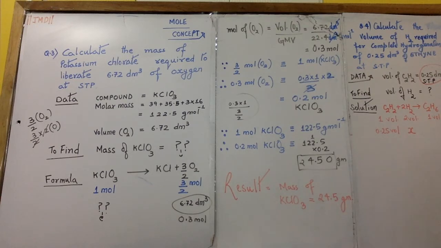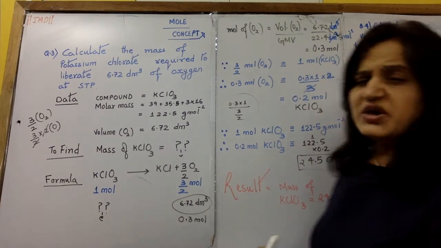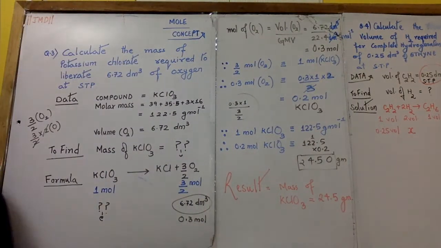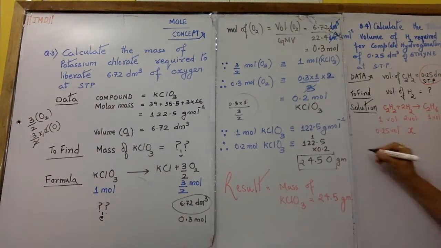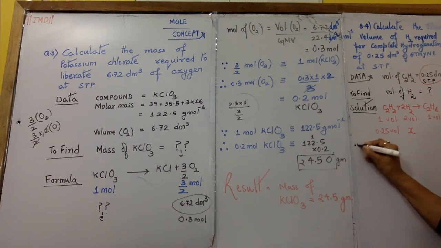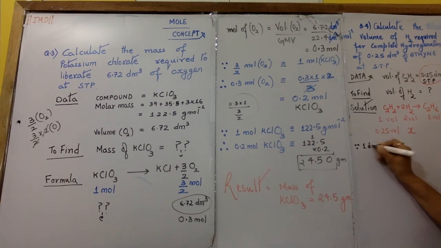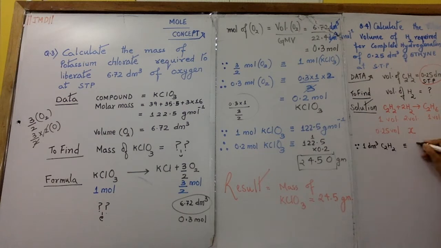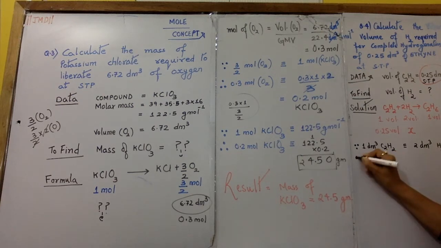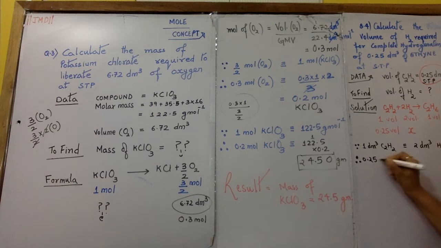Very simple. Here we can consider one volume as 1 dm cube. So we can write, since 1 dm cube C2H2 requires 2 dm cube hydrogen, therefore 0.25 dm cube C2H2 requires how much?